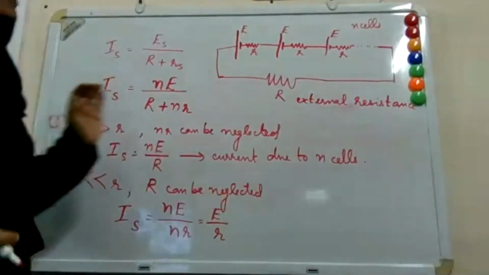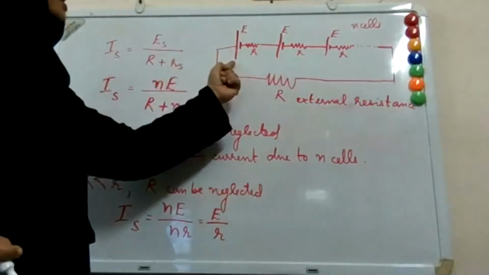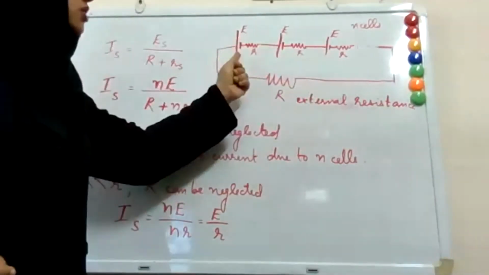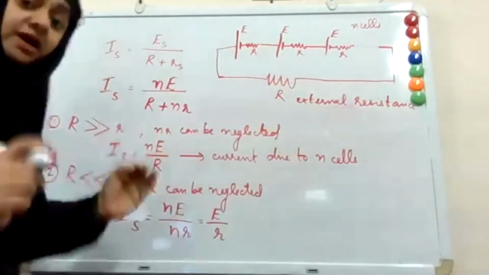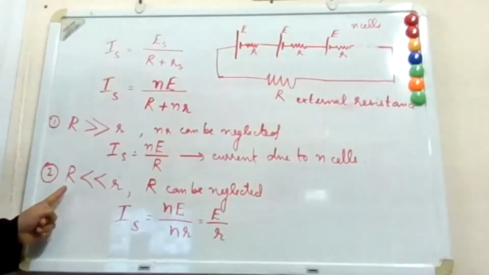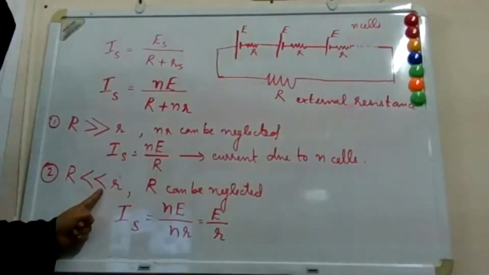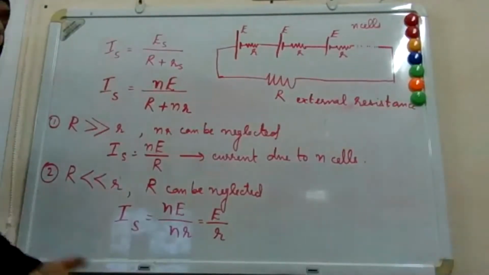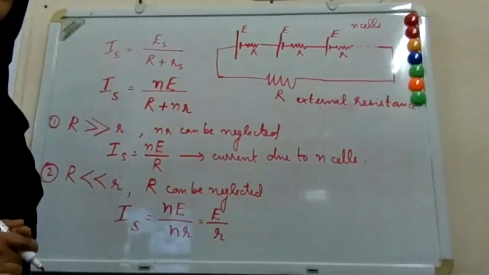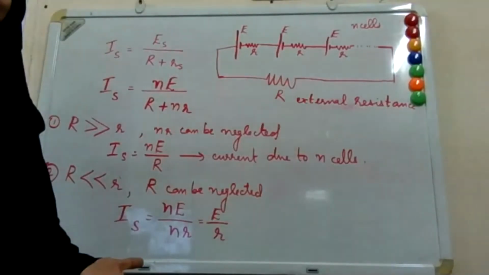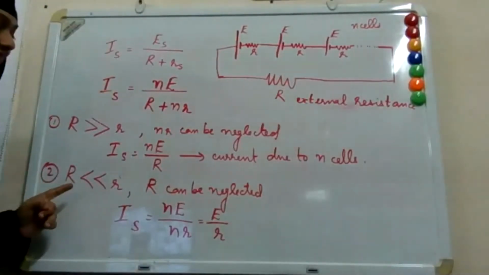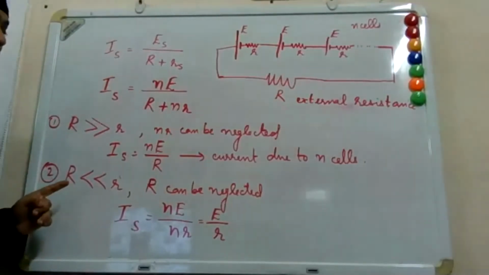Okay. So suppose you have 3 cells. Each of the cells can provide 5 ampere current. But the external resistance is very much less than the internal resistance. So what will be the effective current we gain? 5. 5 only. So is it useful? Can you say again how 5?